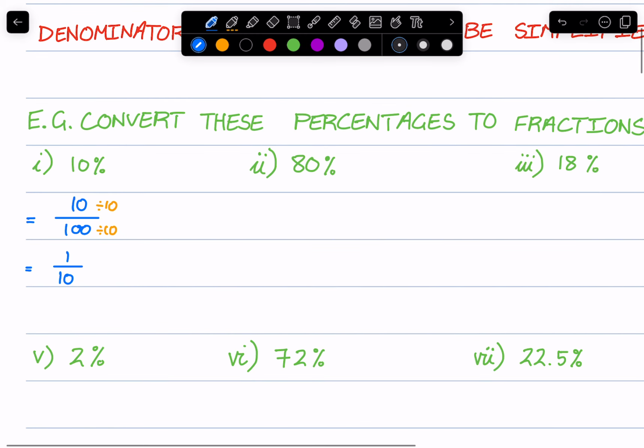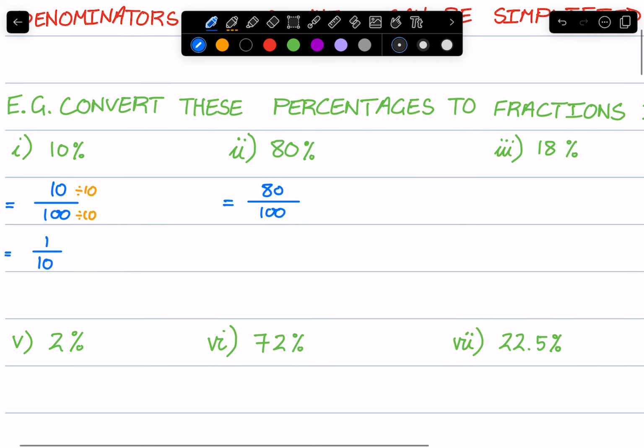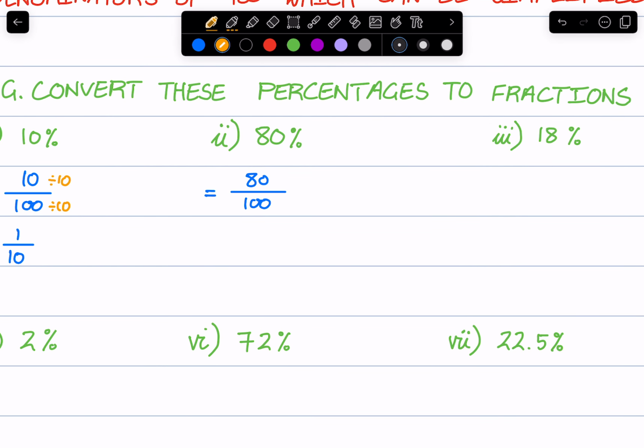It's really just simplifying fractions once you've put it over 100. And so for this one, it's going to be once again over 100. You put the numerator as it is. From here, I can see we can divide both again by 10. 80 divided by 10 is going to give me 8, and 100 divided by 10 is just 10.